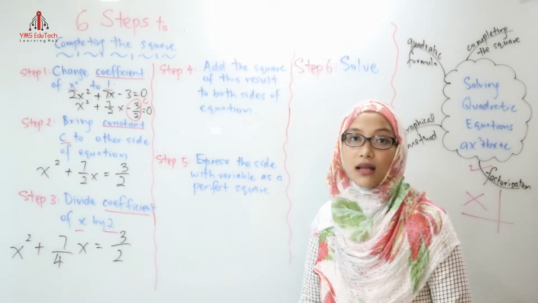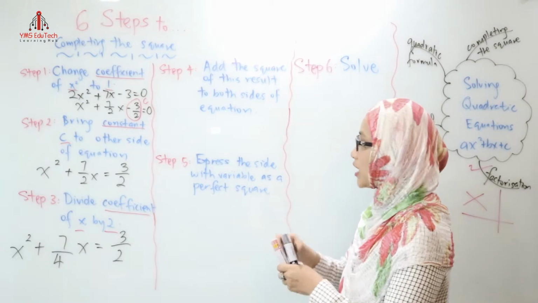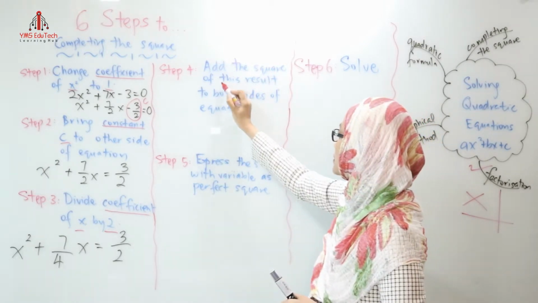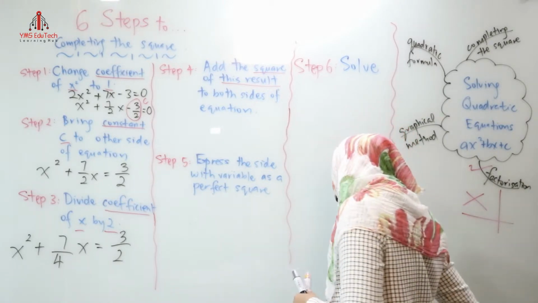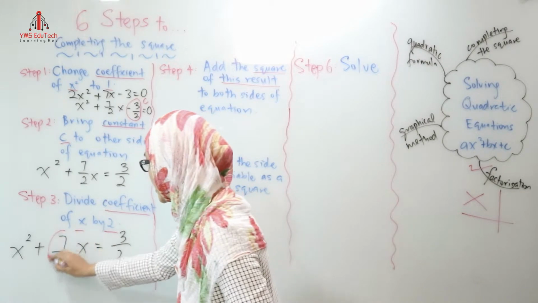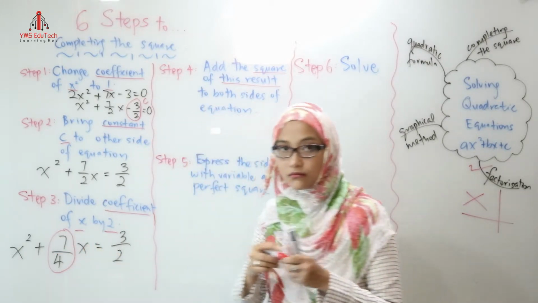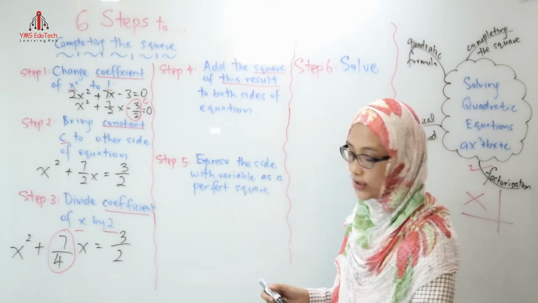Okay, so now let's move on to step 4. Add the square of this result. So what is the result? The result is this, 7 out of 4. So we are supposed to add the square of this result to both sides of the equation.